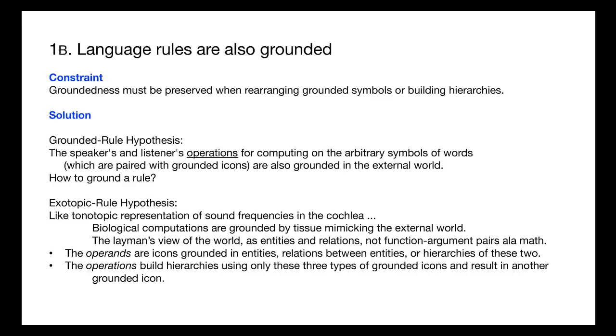I think you probably know that the arrangement of pitches of notes or sound frequencies in the cochlea is in order of the frequency, and the representation in your brain spatially is in that same order. And you have the same sort of thing for the representation of your hand and your arm. Those are called tonotopic and somatotopic and so forth.